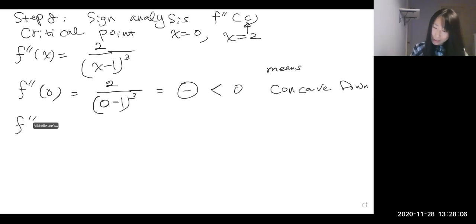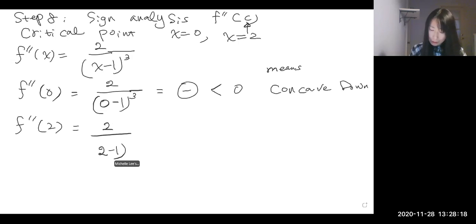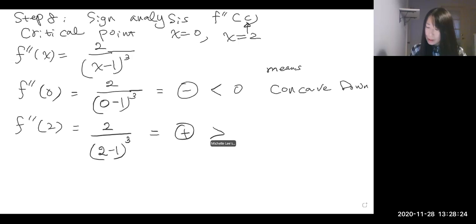And we are using 2. This 2 over 2 minus 1 cubed is positive. Positive means it's greater than 0. Greater than 0 means concave up.